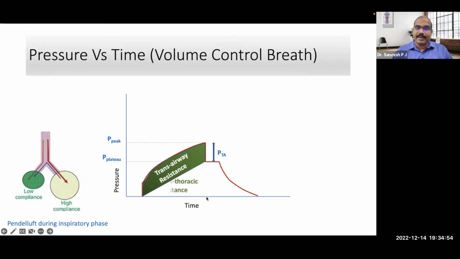And this area in white represents trans thoracic resistance. Okay, I hope this is clear, because when we are speaking about, say, acute severe asthma or severe bronchospasm, the airway resistance is high. So you anticipate that peak pressure might go up. Still, if your plateau pressure is acceptable within limits, you are still not worried about barotrauma.